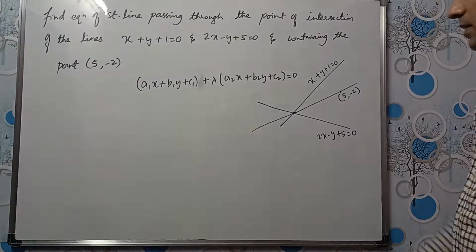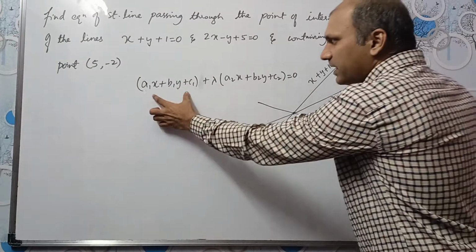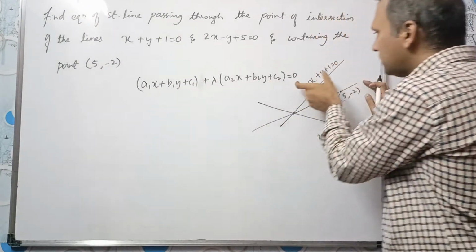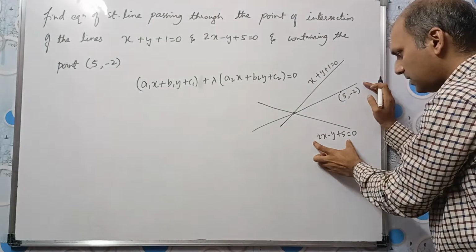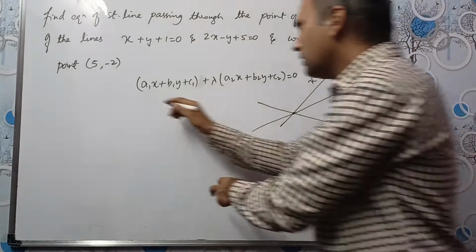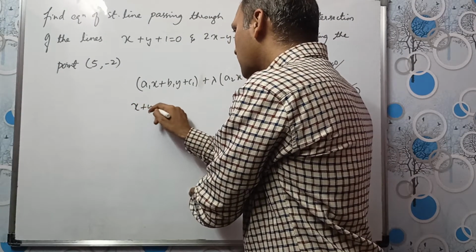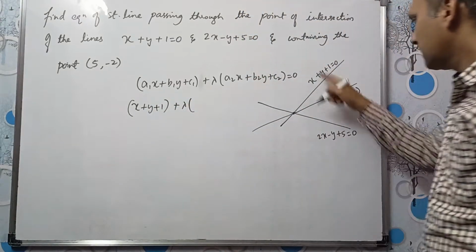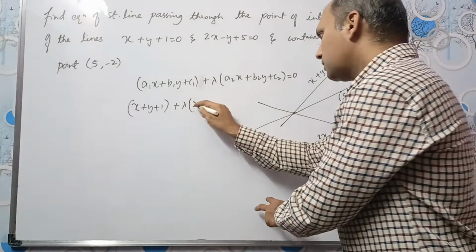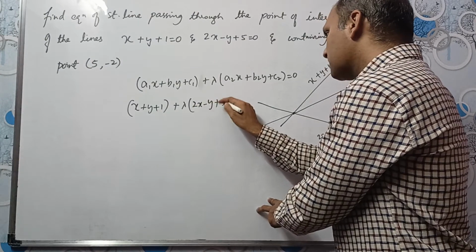Let us substitute this. It is up to us which one we take. Let us write x plus y plus 1 plus lambda times 2x minus y plus 5 is equal to 0.